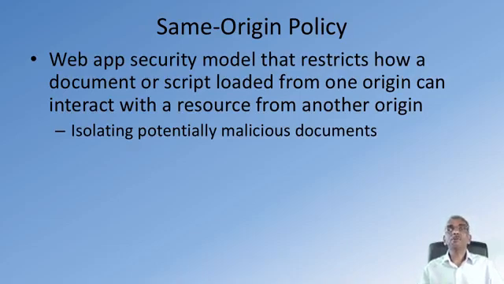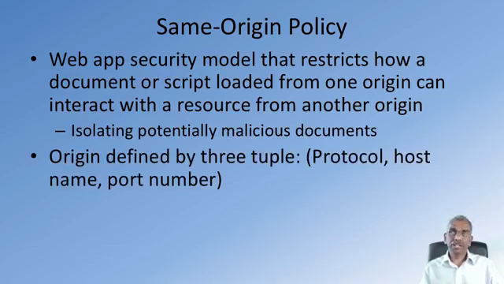Now, when we talk about same origin, how do we specify an origin? In this context, an origin for any resource is defined by three tuples. First, the protocol that is used to access the resource. Secondly, the host name of the resource or the domain of that resource.